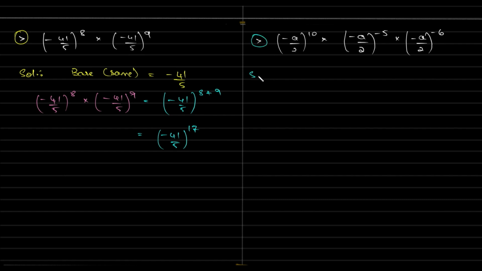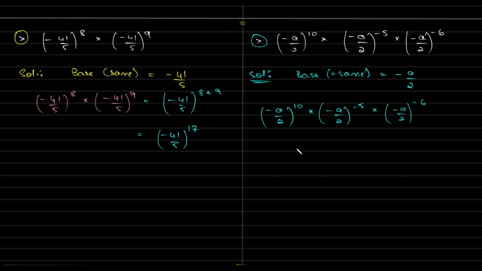The last question. Base, yes, they are the same and they are -a by 2. So your question will change to, actually it doesn't change, question won't change, but yeah. So we're looking at here negative a by 2 whole to the power of 10 plus of negative 5 plus of negative 6.